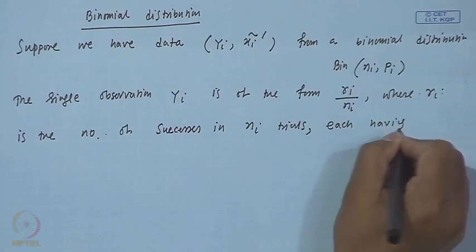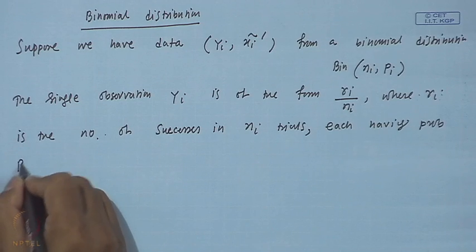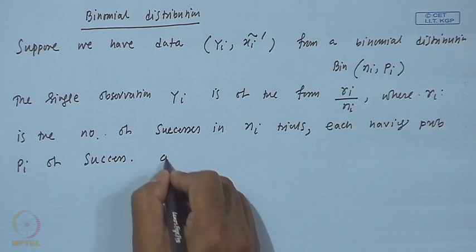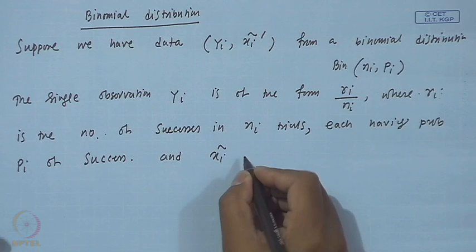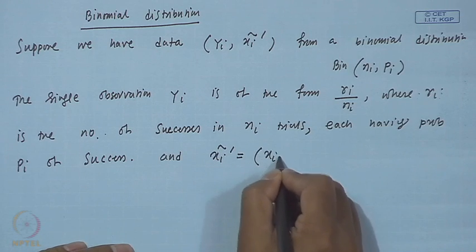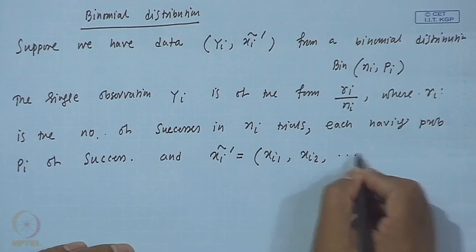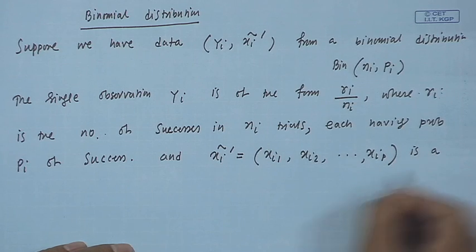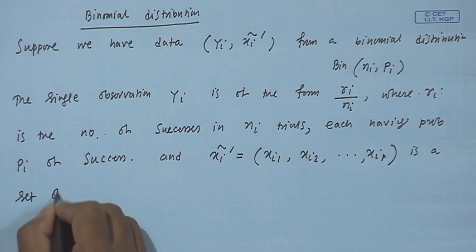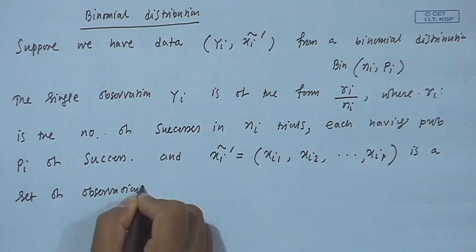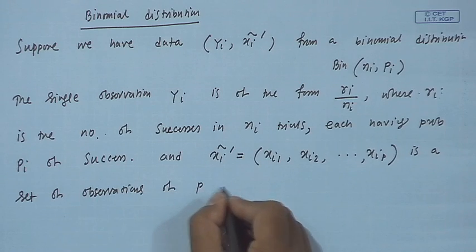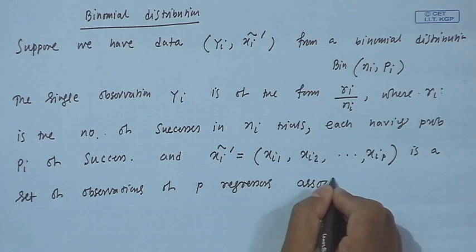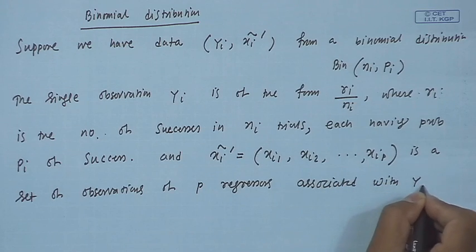Each having probability p_i of success, and this x_i prime is basically x_i1, x_i2, ..., x_ip, a set of observations of p regressors associated with y_i.